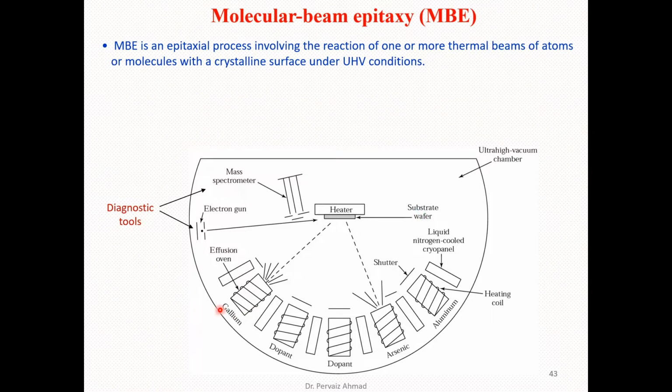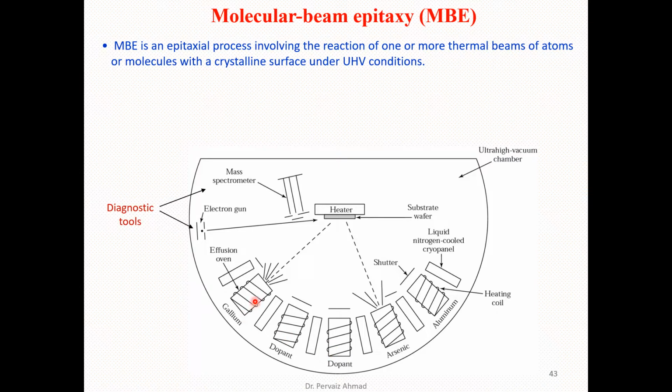Here you can see we have atoms, that is gallium. Similarly we have arsenic, and we have aluminium. And there is a coil wound around the container containing the material, like aluminium or arsenic or the dopants. Here you can see again the dopants and the gallium.